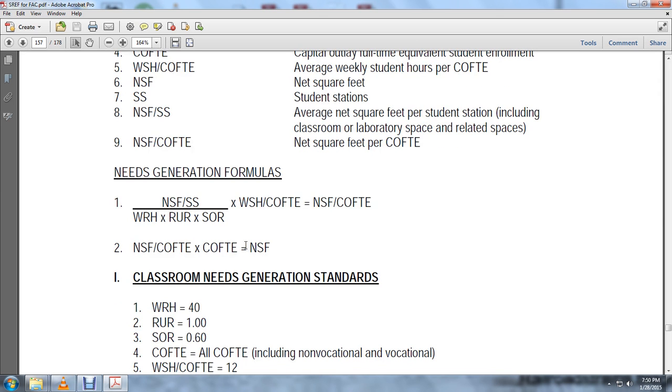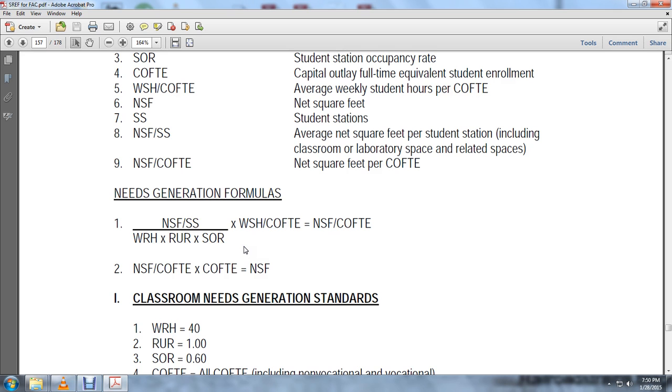The NSF per student station, the average net square feet per student station including classroom, laboratory and related spaces, times the capital outlay full-time equivalent student enrollment equals the NSF, which is the net square feet.